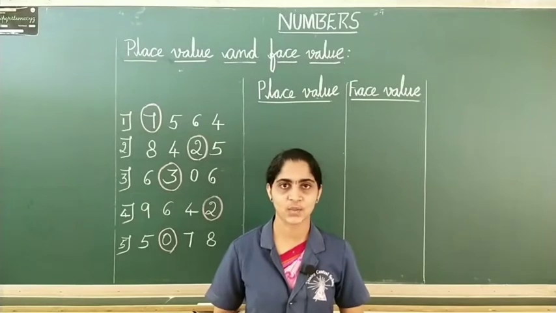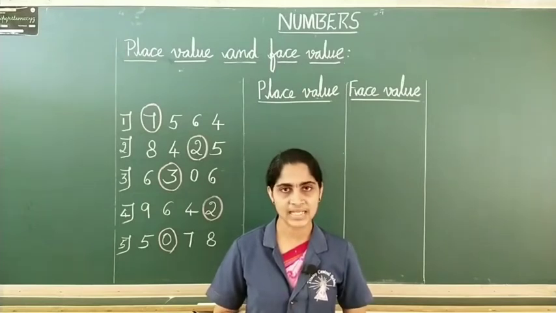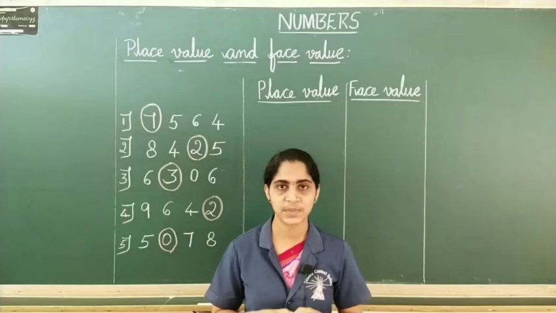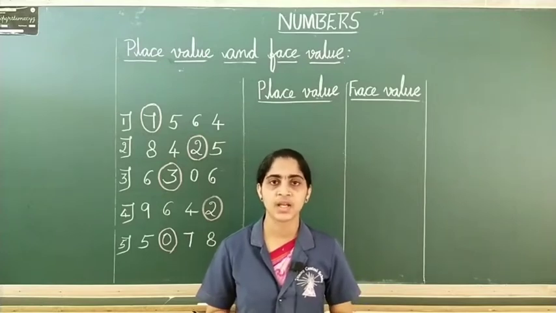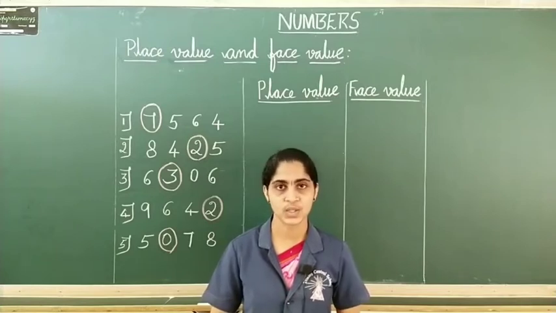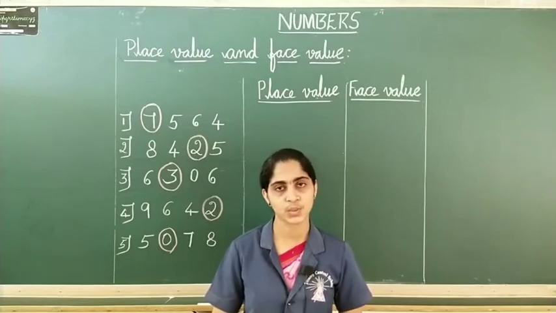Let us discuss one more concept, place value and face value. What do you mean by place value and face value? Let me give an example. Now when you come to school, you are identified as students of grade 3.